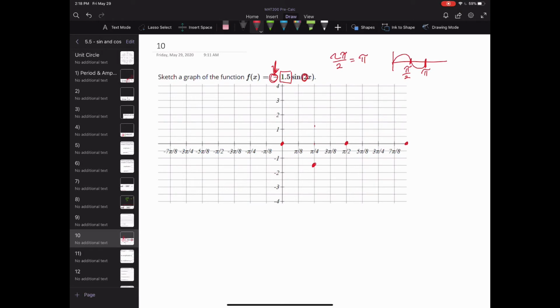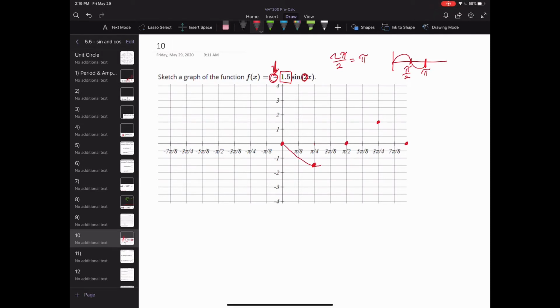And then this one, where's the middle between those 2 points? Right here. Notice I'm going to 1.5, because that's the amplitude. That's the height. And then you can figure it out backwards as well. Which I'm not going to do.